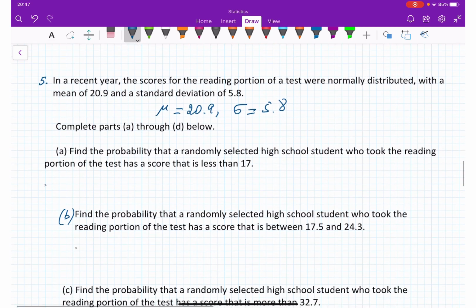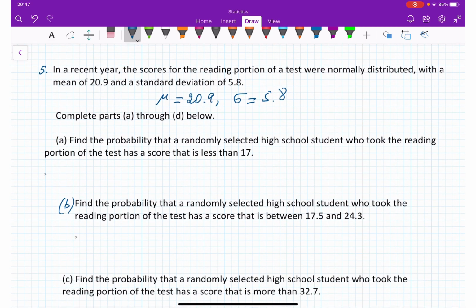So we need to find A, probability that the test score x is less than 17. Less than 17, which is going to be equal to probability for z score less than, how much is it going to be? Let me do the math.